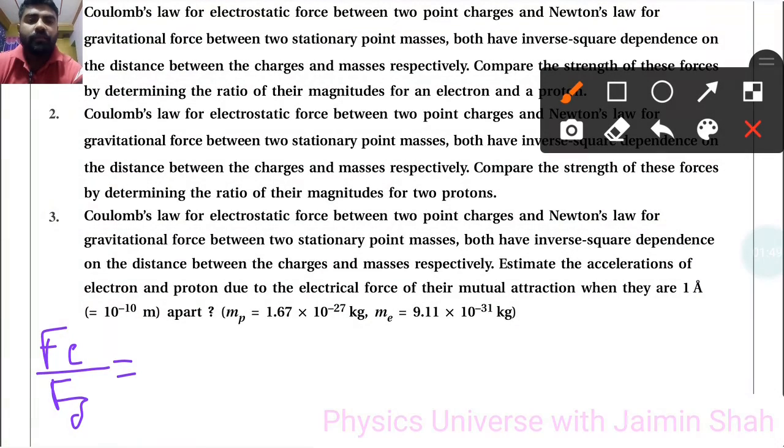So here Fe upon Fg we got 0.2 into 10 raised to 40.